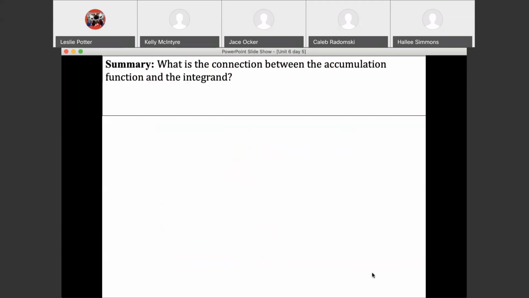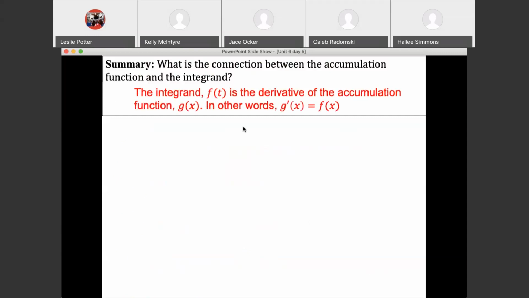Yeah, that's the derivative. Okay, so the integrand is the derivative, this is really wordy, of the accumulation function. Okay. You doing okay?